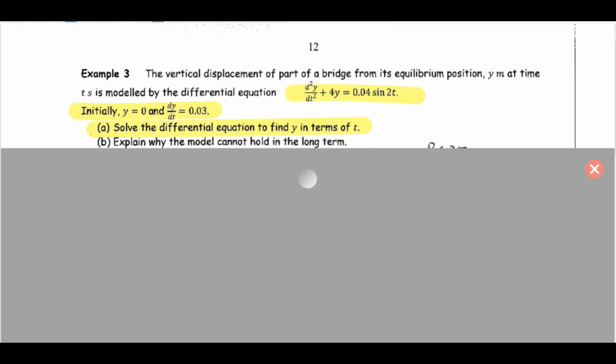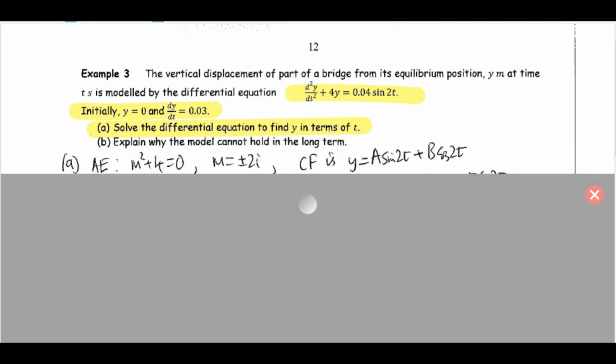So in order to solve a differential equation of this type, you need to first of all write down your auxiliary equation. The auxiliary equation corresponding to this differential equation is m squared plus 4 is 0. You solve that on your calculator or by just making m squared the subject, it's minus 4, and square rooting, and you get m is plus or minus 2i.